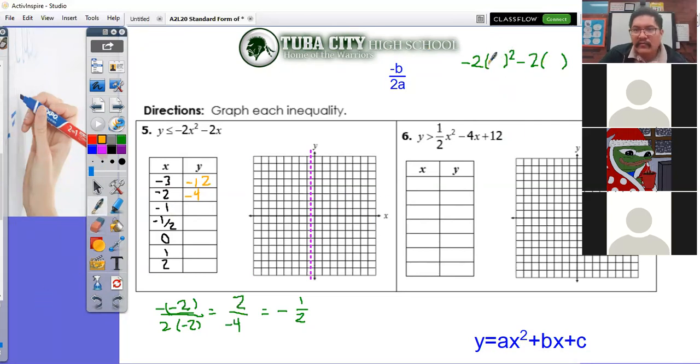Next one is negative 1. So negative 1 squared is positive 1. Negative times negative is positive.